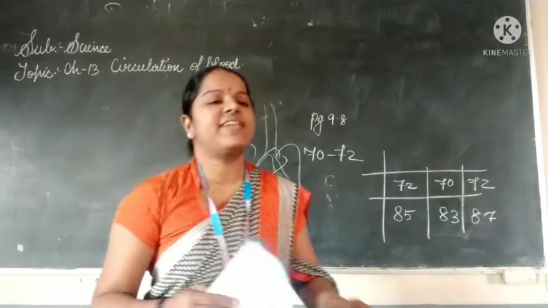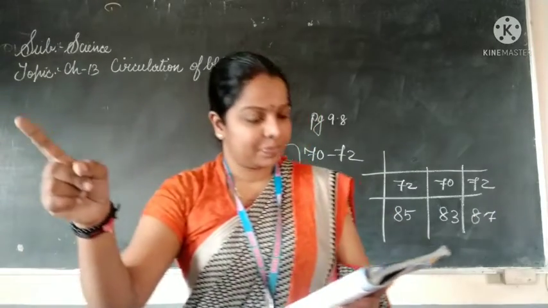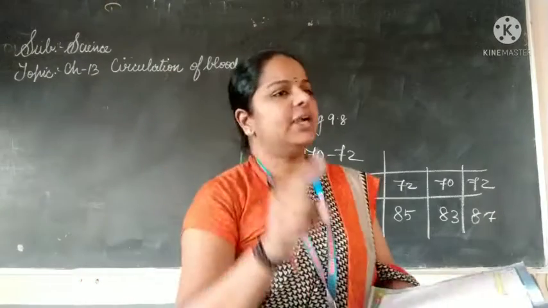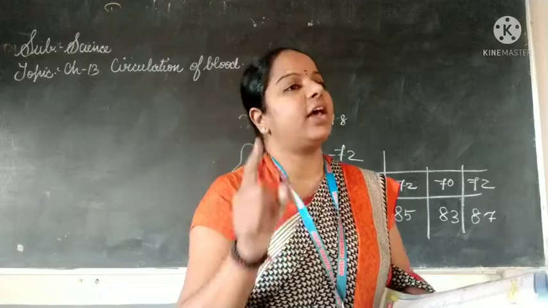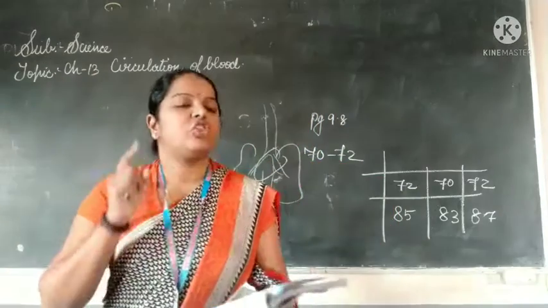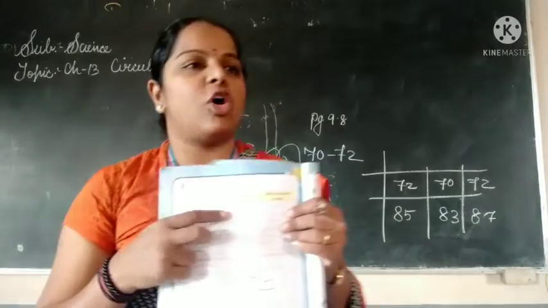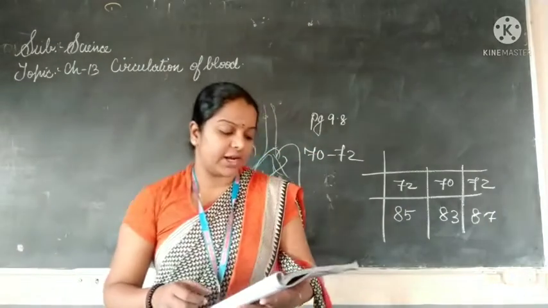Okay. First, heart. Digestive system, respiratory system, which system? Blood circulatory. Very good. Blood circulatory organ. Stomach. Very good. Stomach, digestive system, digestive organ.